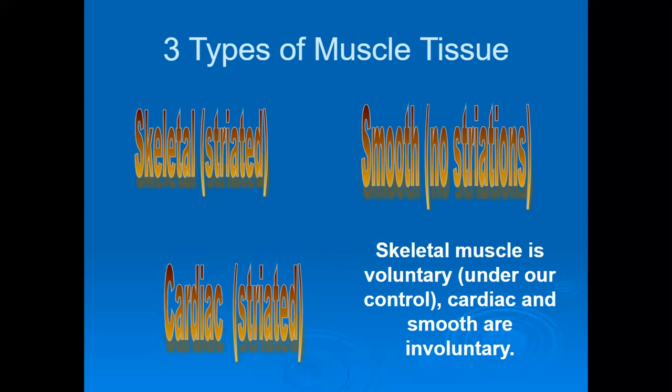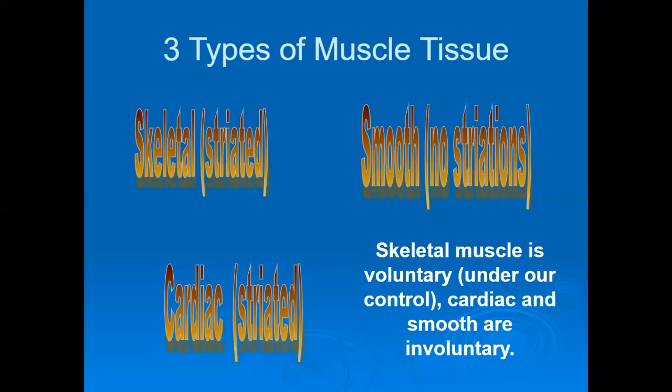And I do want to point out that skeletal muscle is under our control, meaning that if I want to make my arm move, my brain tells my arm to move because that muscle is commanded by the neurons from my brain and I have control over them. And so 99.9% of the time, I have control over my skeletal muscles.